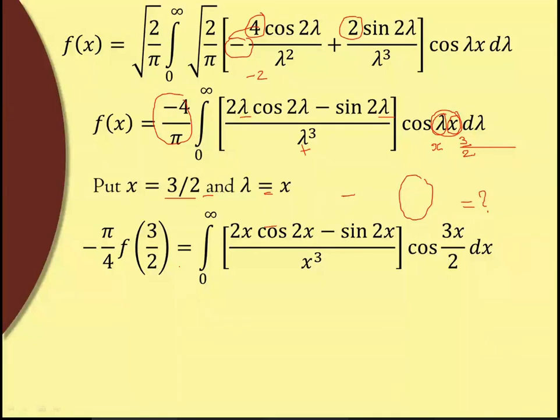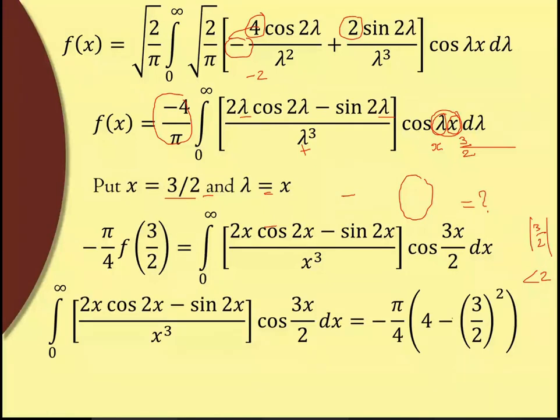Now we want the value of this term. We know what is f of x. F of x is 4 minus x square when mod of x is less than 2. And what is mod of 3 by 2? Mod of 3 by 2 is obviously less than 2. So it takes the value 4 minus x square, but x is 3 by 2.